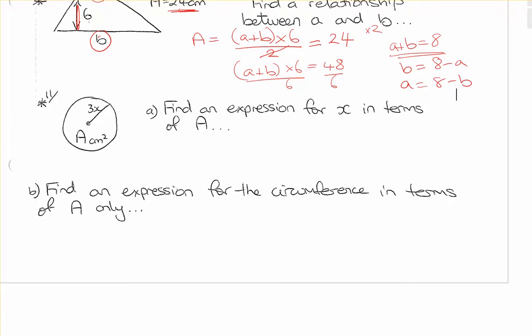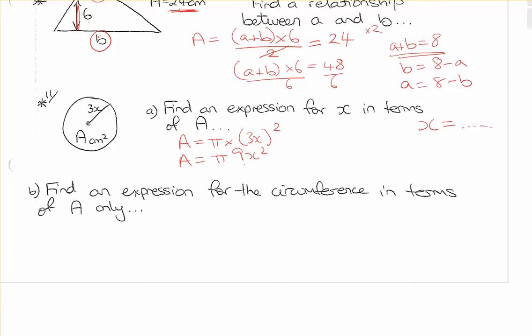Right, number 11, find an expression for x in terms of a. So that means we want x equals. Right, it's a circle. So a equals pi times the radius squared. It's really important to put the radius in brackets because we want to square the whole 3x. So a would equal pi times 9x squared.